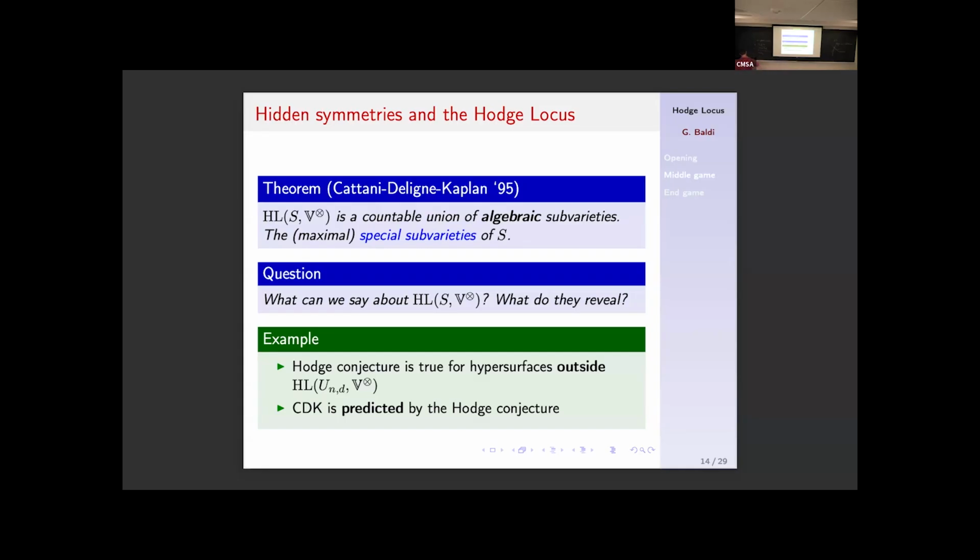Thanks for the question. So you have two categories: the category of variations of Hodge structures, and the category of Hodge structures. And you have your object V, and you have your object V_x. Then you can form the smallest Tannakian category containing this one. So it's just generated, exactly.